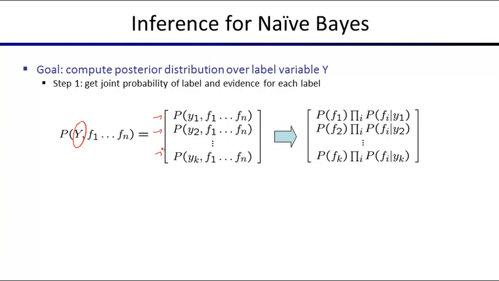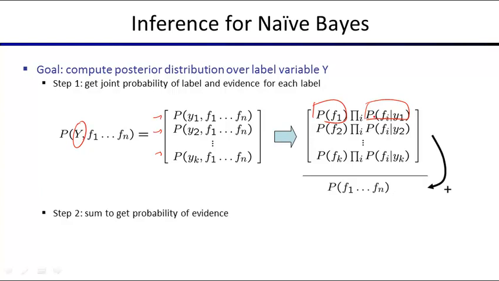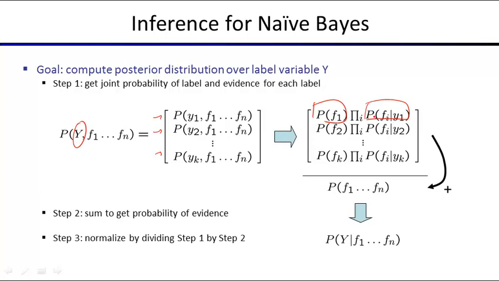The way we compute it is just a product of the prior with the probability of each of the features given that particular label. Each of these can be computed independently. If you had a parallel system, you could do this independently for each of the labels and come back with numbers for each one of them. And all you need to do is see which one gets the highest score. Whichever one gets the highest score in this table is the one that you output as your classification label.